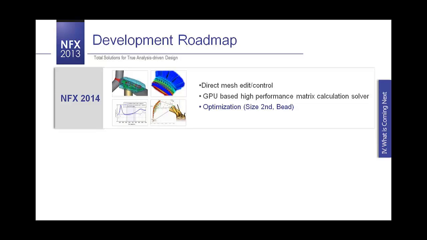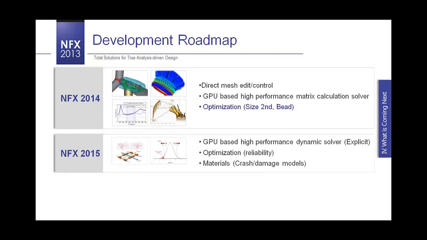So it is actually using the chip of your graphic card to perform the static analysis. And this is very powerful because your graphic card is much more powerful than your CPU. Then we'll add a new type of optimization, which is the bead optimization, and also we'll modify the size optimization by adding more features in it. So this is for 2014.